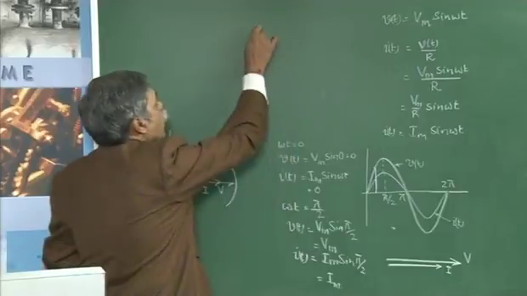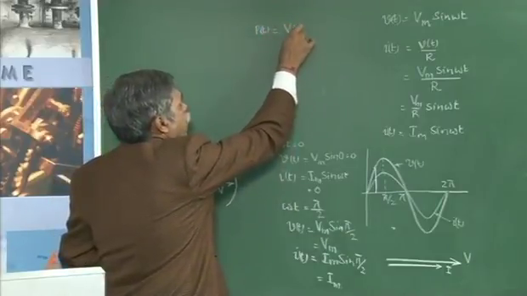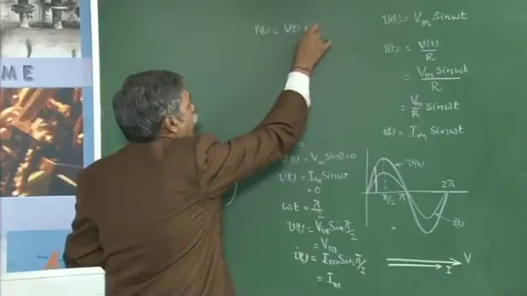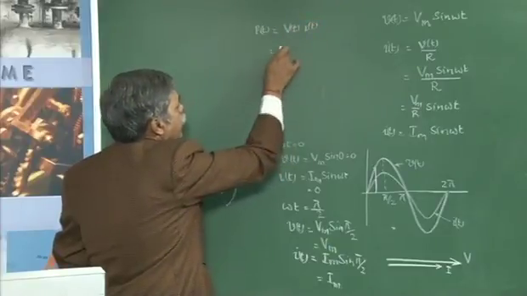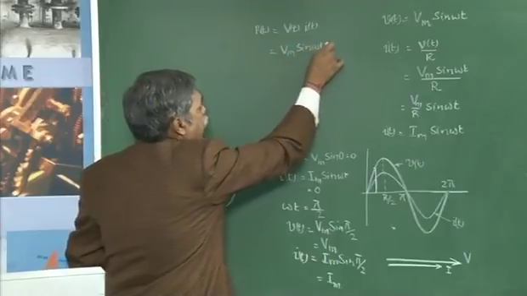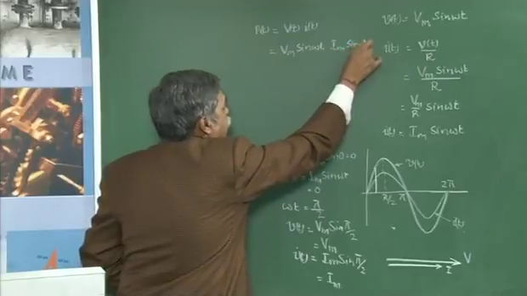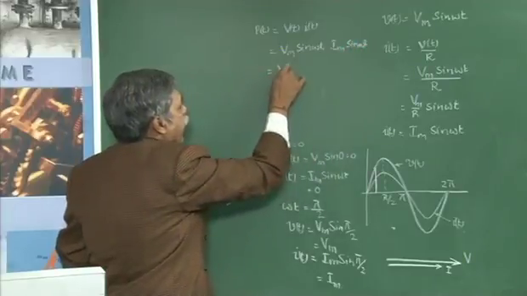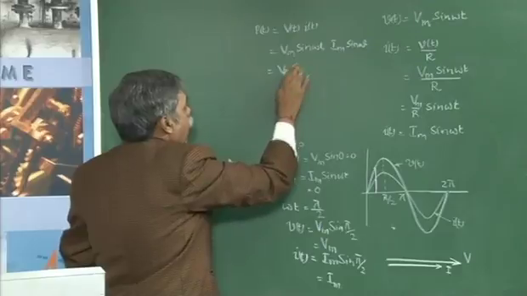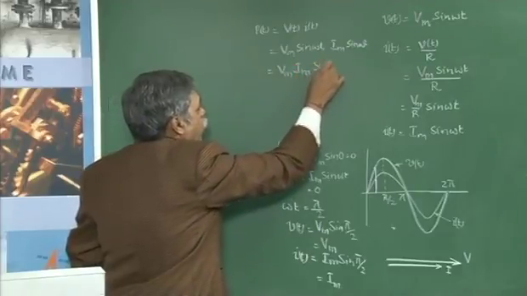The product of these two will give you the power at any instant as V of t multiplied by I of t. You can see V of t is given by Vm sin omega t, I of t is given by Im sin omega t. Therefore the product can be written as Vm Im sin square omega t.